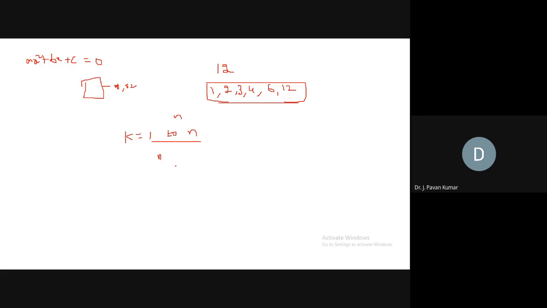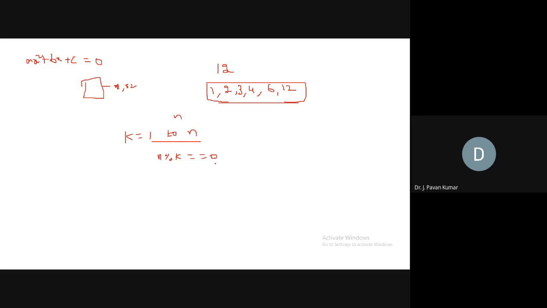Initially k is 1, we will divide n with k, that is with 1, and if the remainder is 0, then we can say k is a factor. Next, k will be incremented, so k becomes 2. Then again we will find out whether n mod k is equal to 0 or not. If it is 0, then we will display k, otherwise we will just increment the k value.